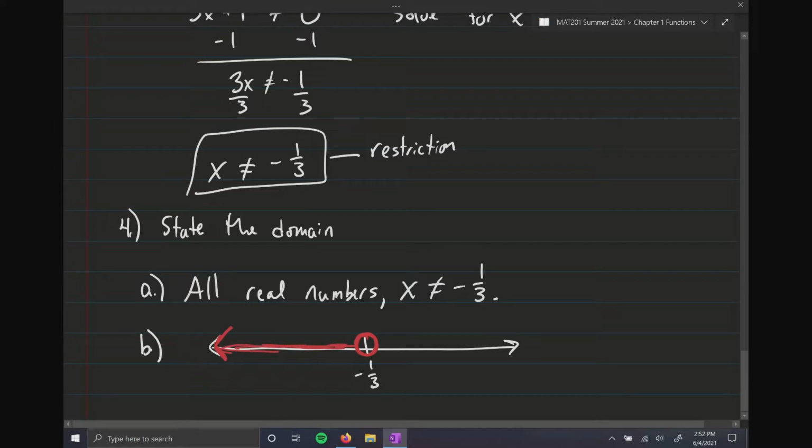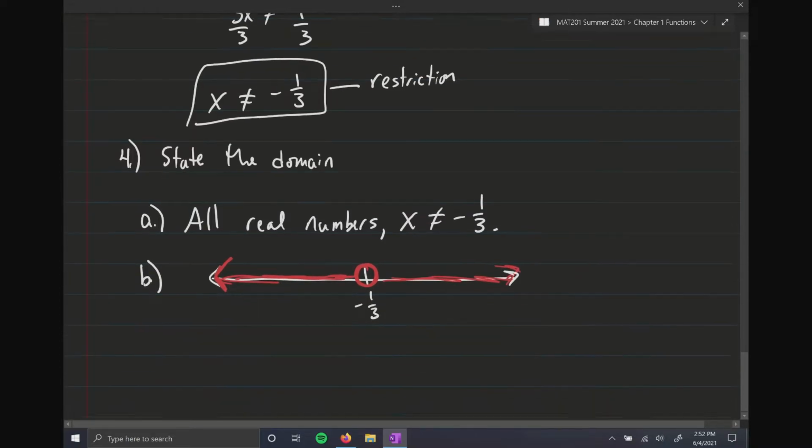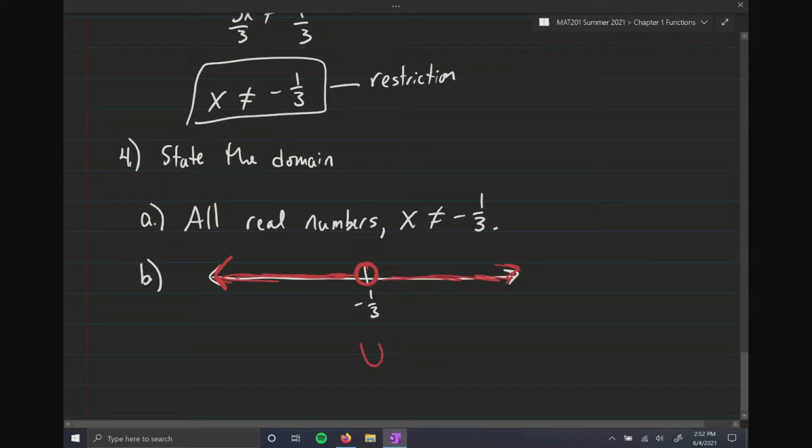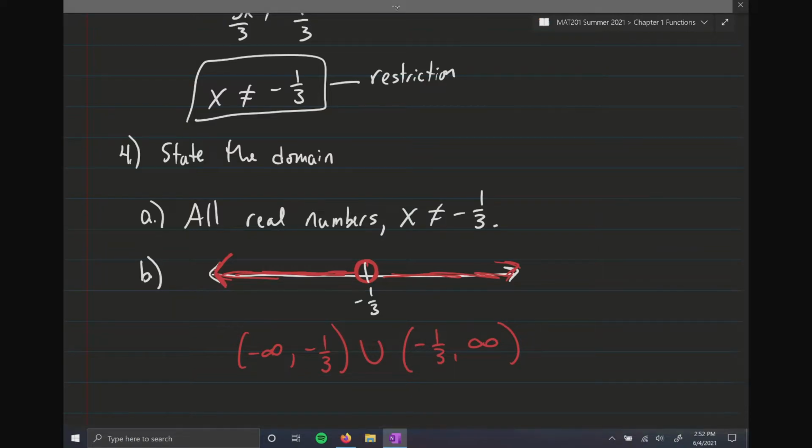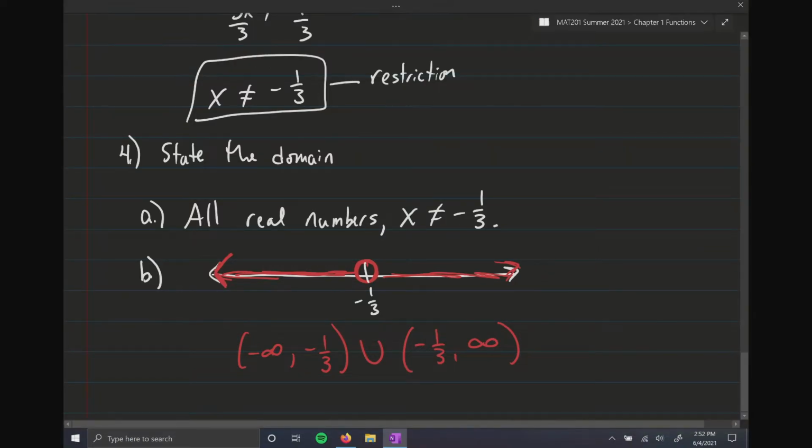And I can use any number after negative 1/3, so I can go ahead and shade this line. So this is going to be the union between negative infinity and negative 1/3 exclusively, because I cannot include the negative 1/3, or negative 1/3 to positive infinity. And that's the second way that we can go ahead and write our domain for this problem.